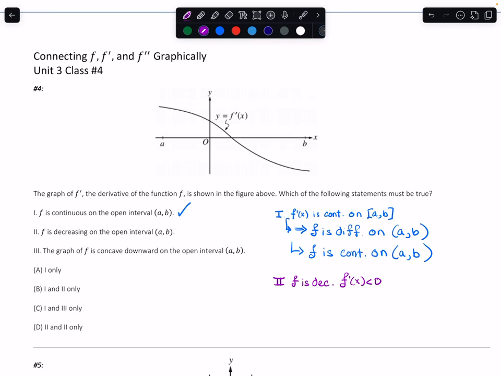So you look at this graph, and here's where some of the confusion comes in. Sometimes the graph is positive, so the derivative is positive. Sometimes the derivative is negative, so the derivative would be less than 0. You see, they're not saying is f sometimes decreasing on the interval from a to b.